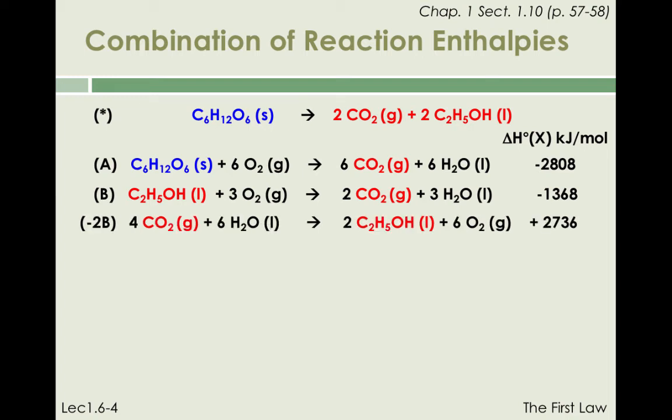Indeed, twice the reverse of reaction B, which we could call minus 2B, is written as 4 moles of carbon dioxide plus 6 moles of water liquid to yield 2 moles of ethanol liquid plus 6 moles of oxygen gas, with a standard reaction enthalpy of minus 2 times minus 1,368 kilojoules per mole, or 2,736 kilojoules per mole.